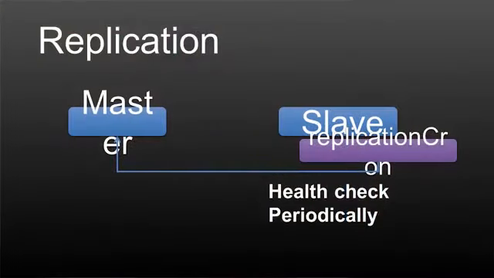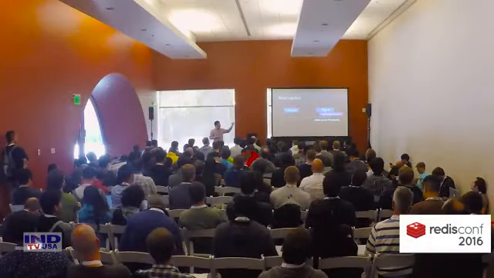Yeah, the slaves try to reconnect to the master, all Redis slaves. So this is a replication mechanism. The slave periodically checks the master, and when the network is recovered, the slave notifies the master.